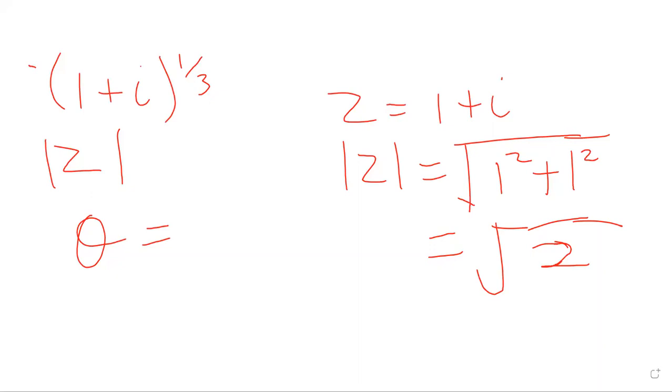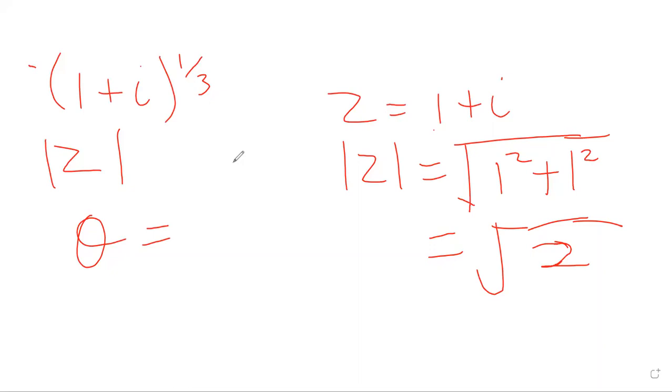We can see that both of them are positive. It's 1 i, so the imaginary part is positive, and the real part is 1, which is also positive.